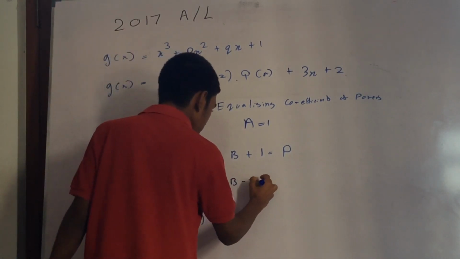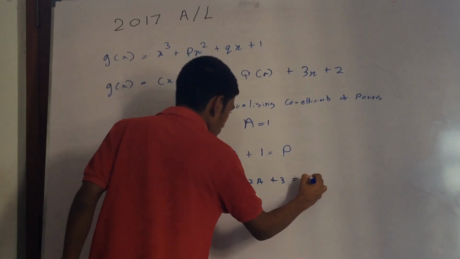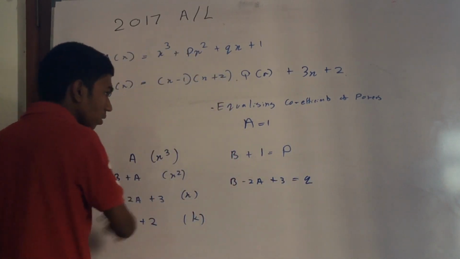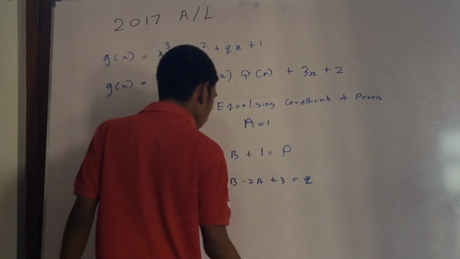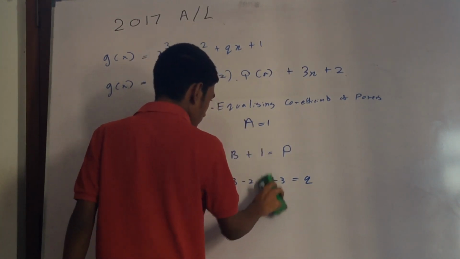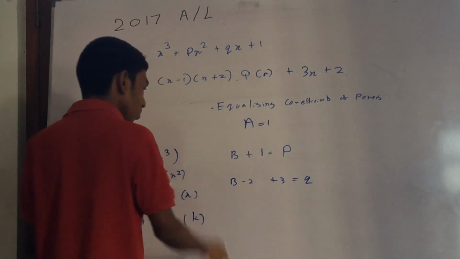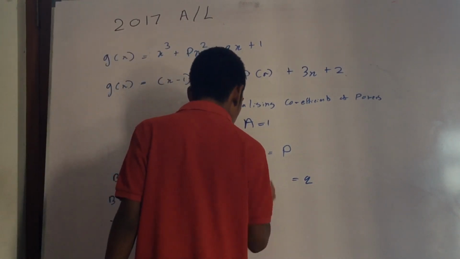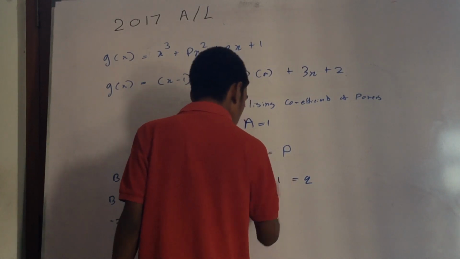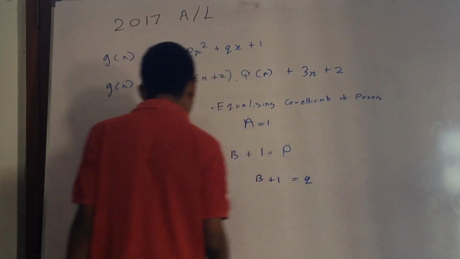We know a is 1. Minus 2 into 1 is equal to minus 2. Minus 2 plus 3 is plus 1. So we can say b plus 1 is equal to q as well.